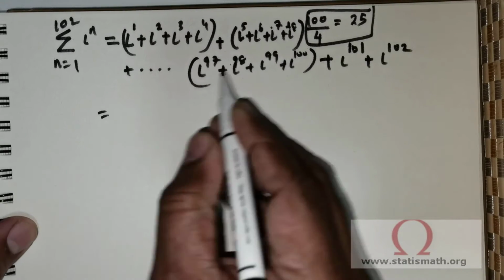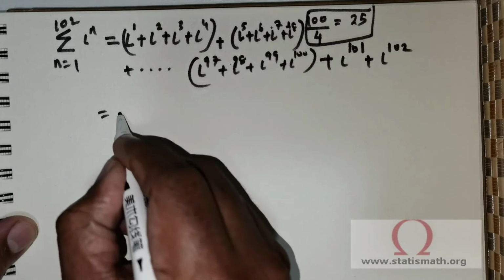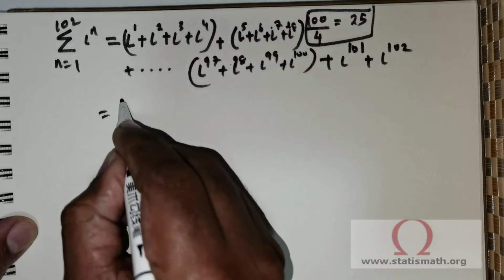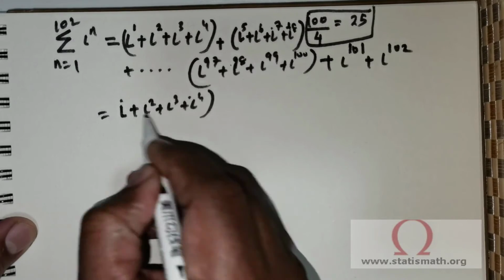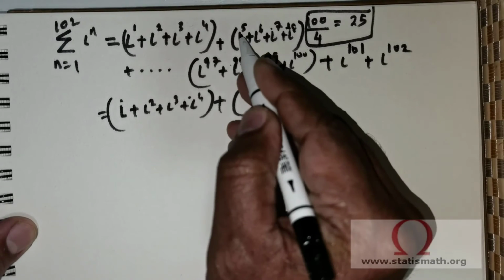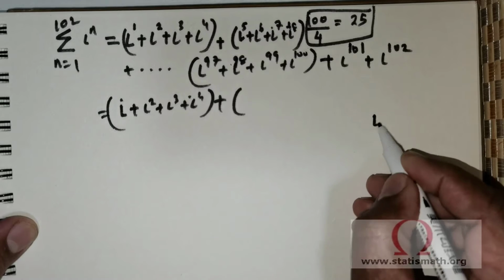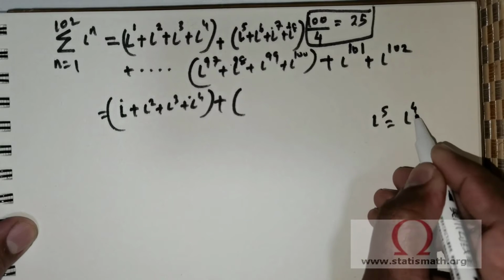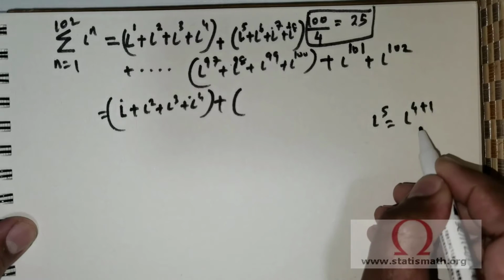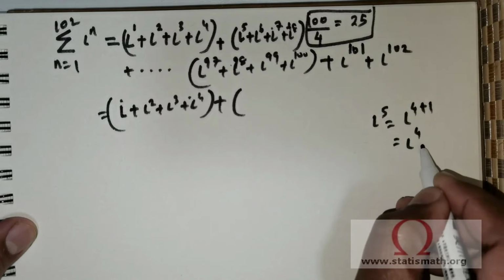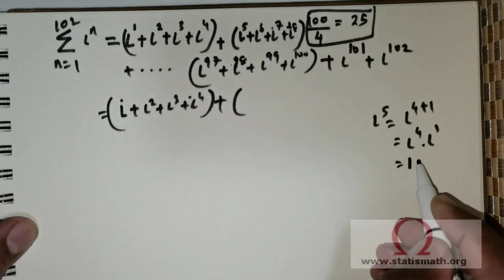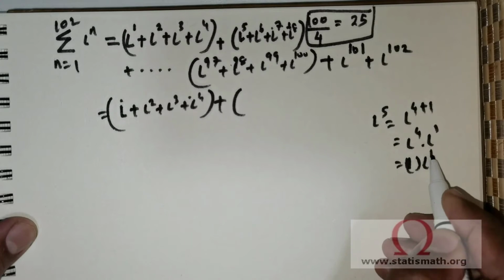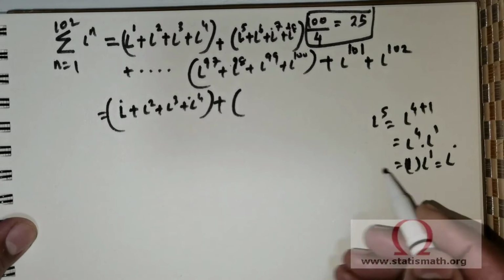Now clearly all of these other groups of 4 terms can be rewritten as follows. In fact, what is i power 5? I power 5 is nothing but i raised to the power 4 plus 1, which can be rewritten as i raised to the power 4 times i raised to the power 1. I raised to the power 4 is 1, multiplied with i raised to the power 1, which is nothing but i.